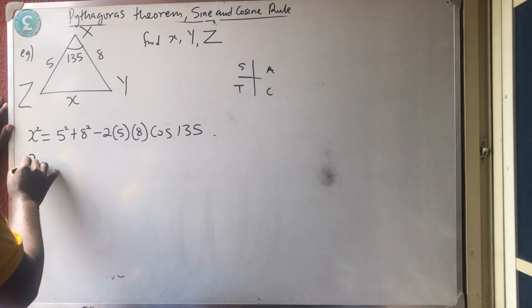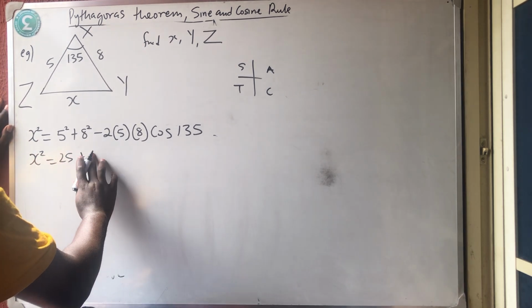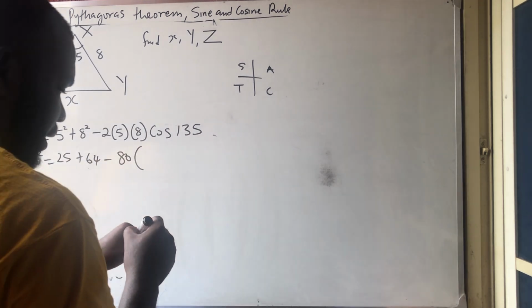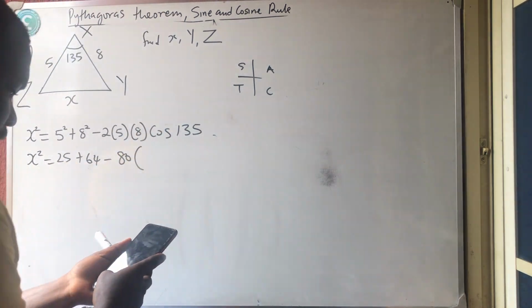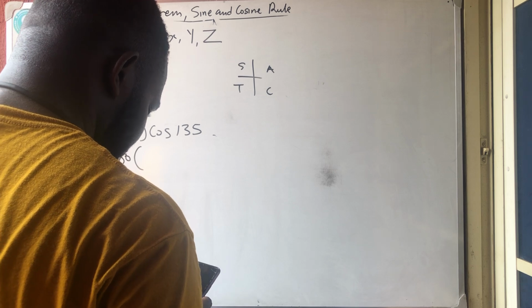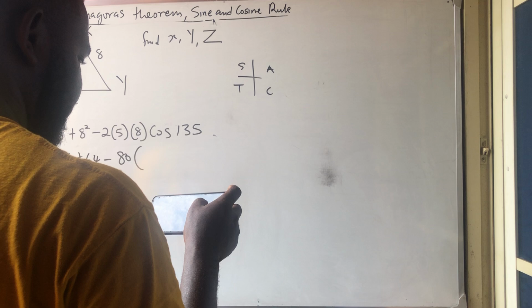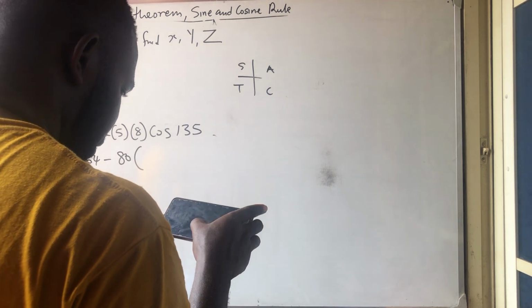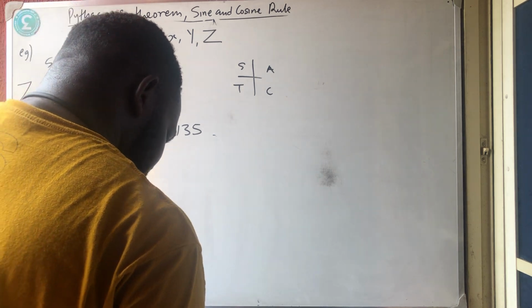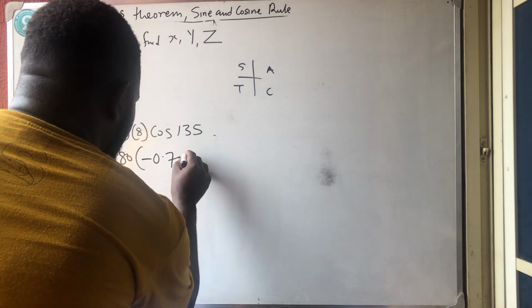So x squared is equal to 25 plus 64 minus 80 bracket cos 135, which must give us a negative answer. So let us check. Cos 135 gave us minus 0.7071.